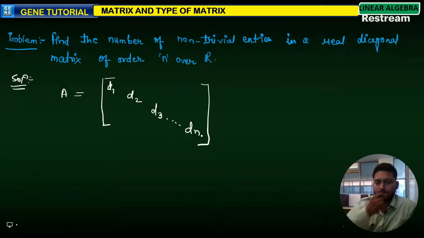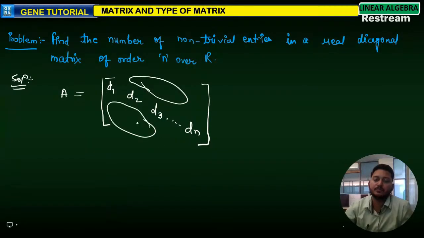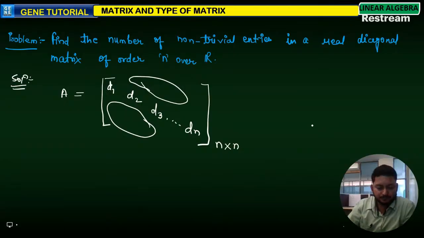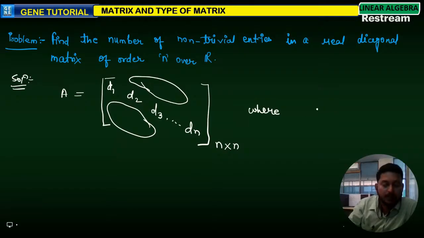These are the non-trivial entries for a real diagonal matrix of order n over R, and the remaining portion is 0. This is an n cross n matrix, where di belongs to R for all 1 less than or equal to i less than or equal to n.